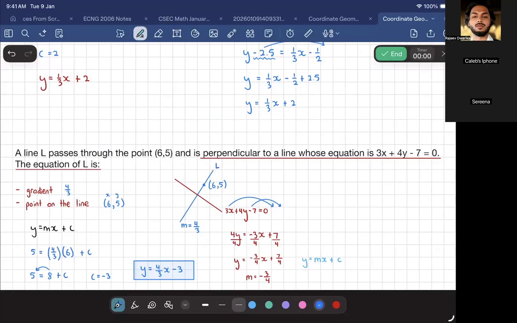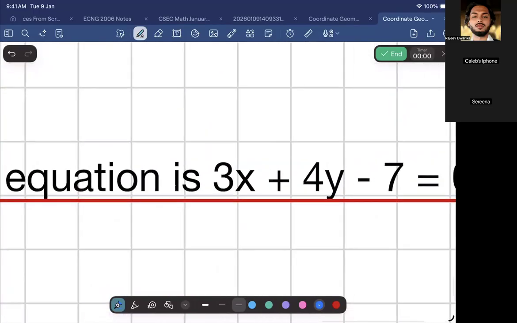And like I say, it's not that hard. Just look at what you need and you can figure it out. So in the question, they want you to find the equation of a line. So you need to figure out the gradient of line L, and you already know it's passing through 6, 5. And they give you another line that is perpendicular to it, in a kind of inconvenient form.